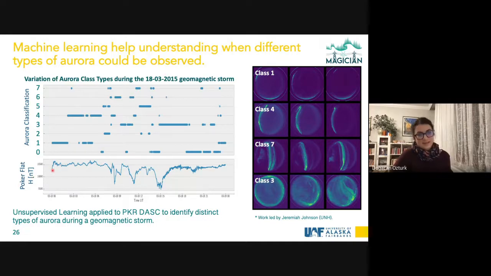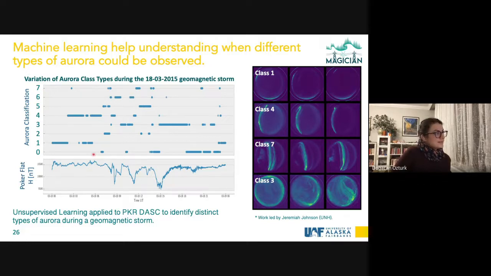We didn't remove the baseline here, but this is recently funded, so we're going to do more exploration in this line of work. But you can see the magnetic field variations along the day. This unsupervised learning algorithm applied to all the all-sky camera images from that time yielded 8 different classes.